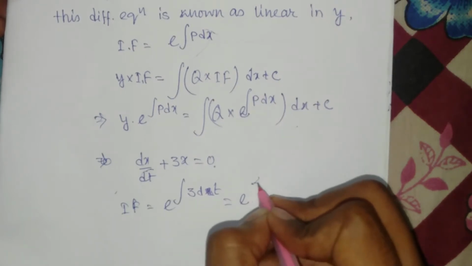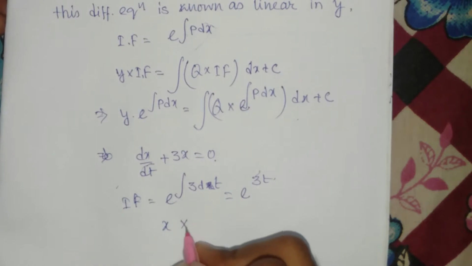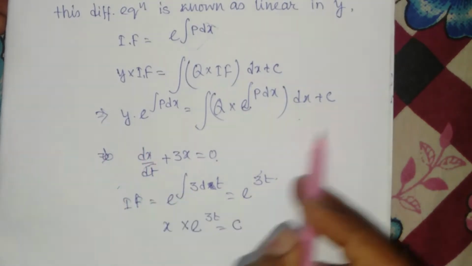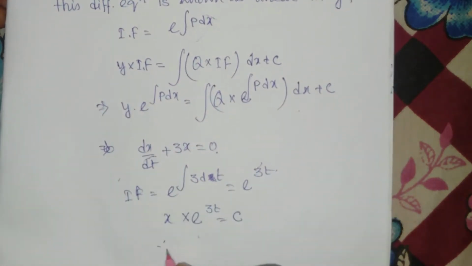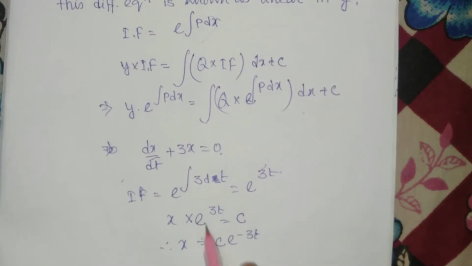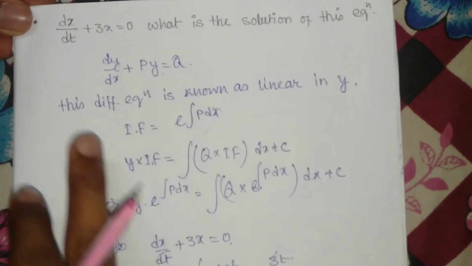So x times e to the power 3t is equal to c in this format. So x is equal to c e to the power minus 3t, taking the 3t to the right hand side. This is the solution for the given differential equation.